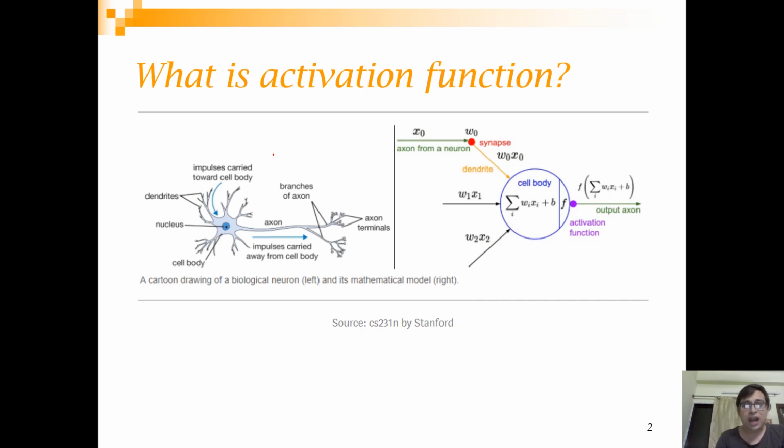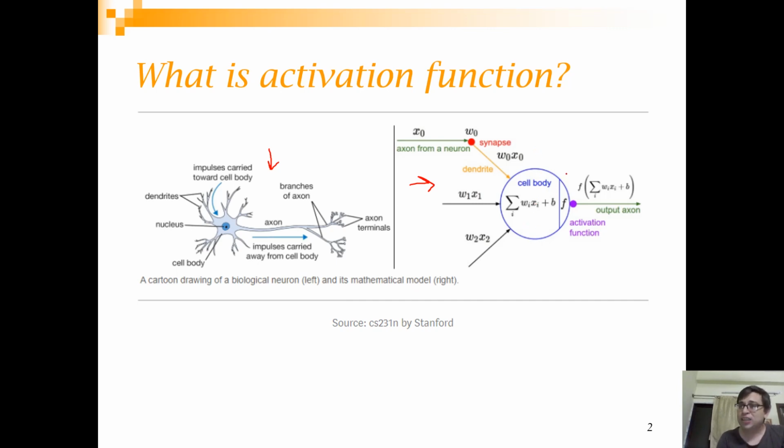Here you have a biological neuron and its artificial neuron counterpart. It is schematically represented like this: you have several inputs x0, x1, x2 coming to this neuron, or computational unit. They get multiplied by weights, called synaptic weights, and go to the cell body for aggregation.